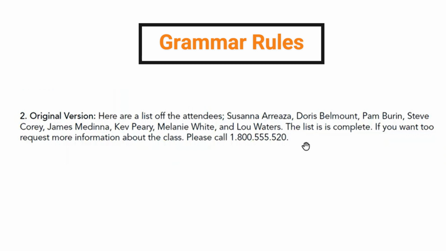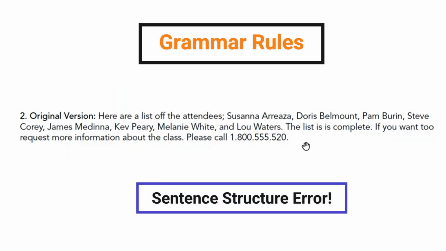It's a compound sentence. Compound sentences have two parts to them. So there are actually two conditions in a compound sentence. The first condition is if something, something, something, comma, then comes the second condition. So: if you want to request more information about the class, comma, please call this number. And so that P will not be capital, it will be small because it's still the same sentence.